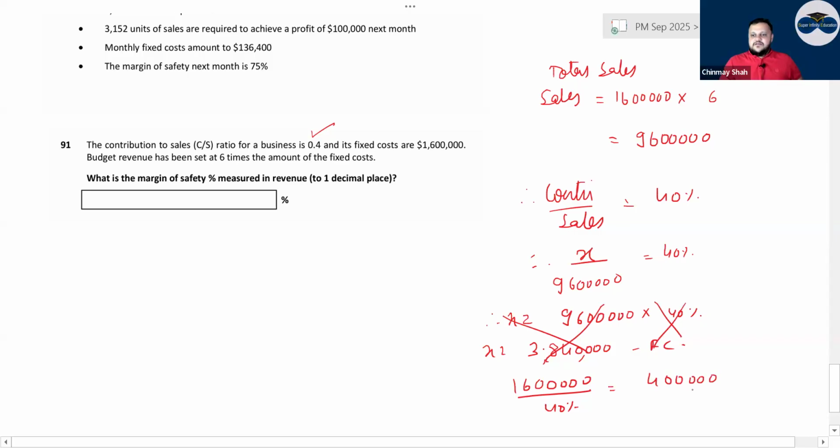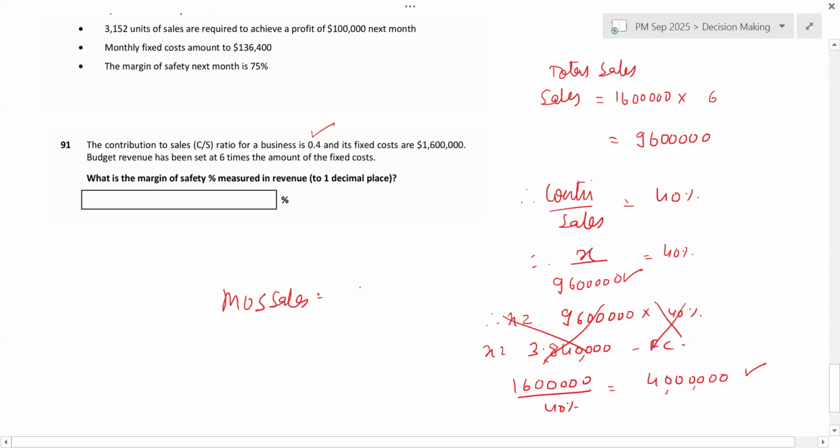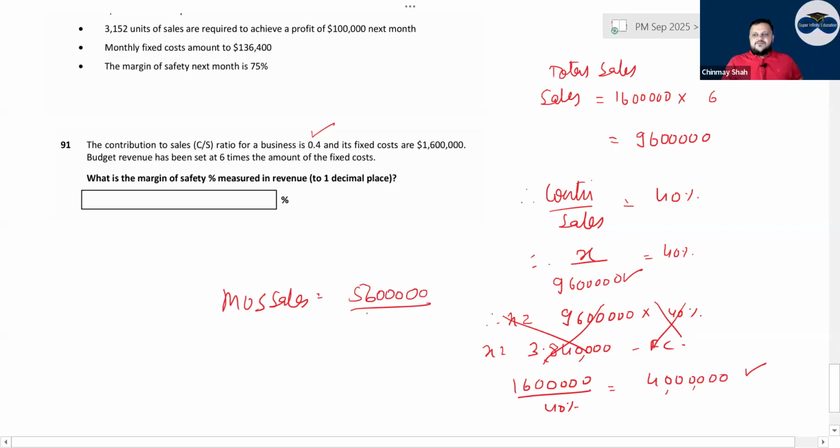Correct. Now what is the total sale? 9.6 million. 4 million is BEP. So how much is the margin of safety sales? 9.6 minus 4 is 5.6 million. Divided by how much?